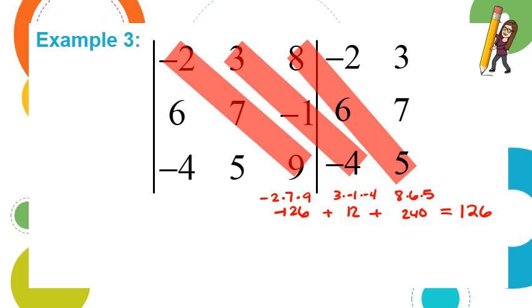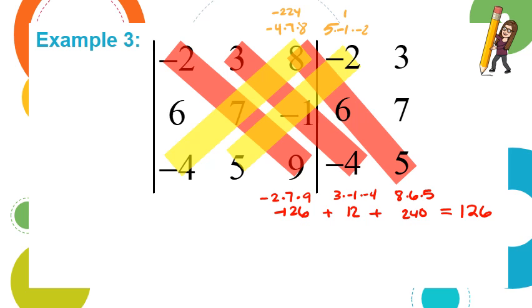All right, let's talk about our other diagonals going up. Okay, so in this case, I'm going to write at the top because that's the direction I'm going. I'm going from the -4 times the 7 times the 8. That gets us to a value of -224. My next diagonal takes care of 5 times -1 times -2.